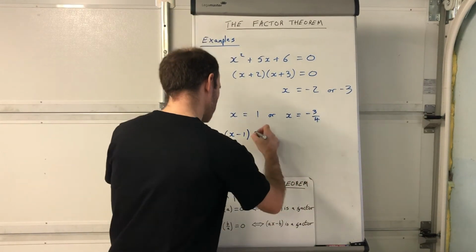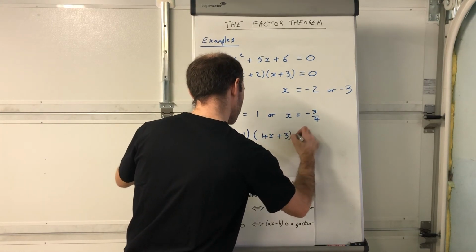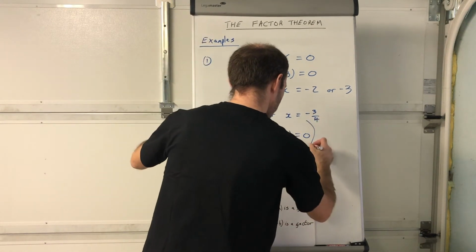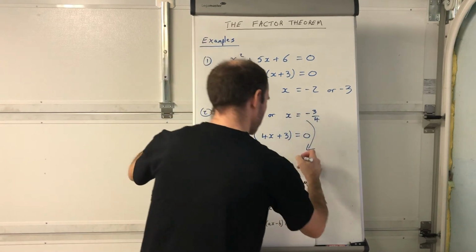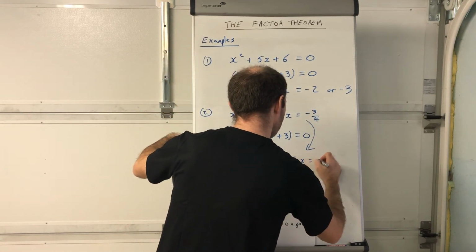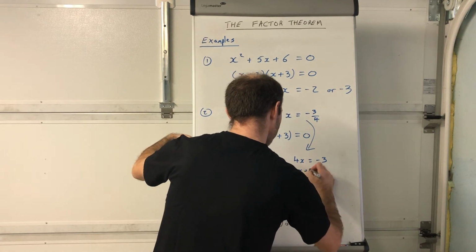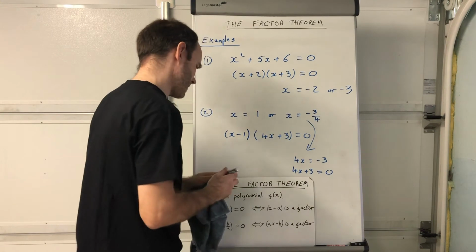Of course you would. It would be 4x plus 3 equals 0. And how do you do that so quickly? If x equals negative 3 over 4, bring the 4 across to the other side, 4x equals negative 3, put the negative 3 into that side, 4x plus 3 equals 0. That's where you get your other factor.